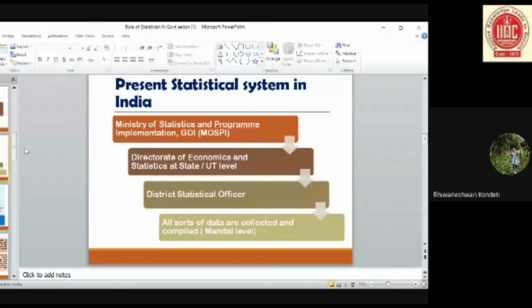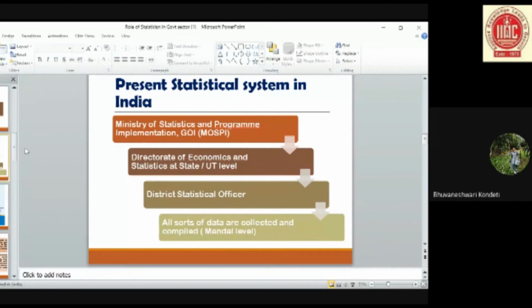It compiles the data sets, and finally it publishes many types of handbooks. Like recently, after releasing budget, they have released in Ministry of Finance website. You can find they have released economic outlook of the country. In that, there will be so much of data about all our country and each and every state. You can have a look on that.